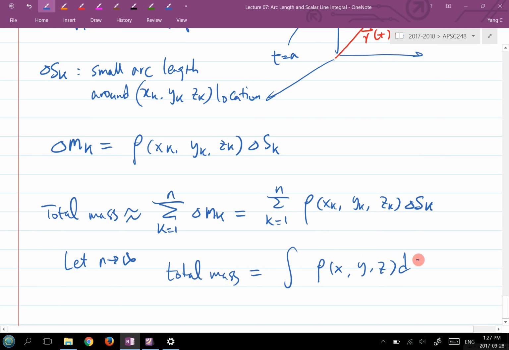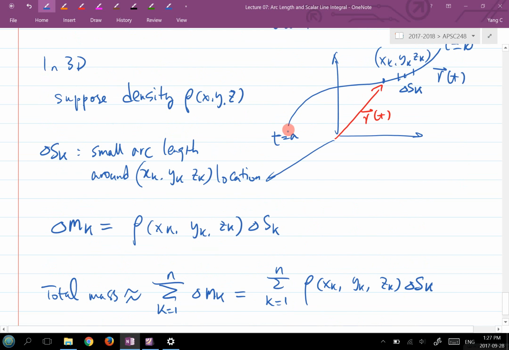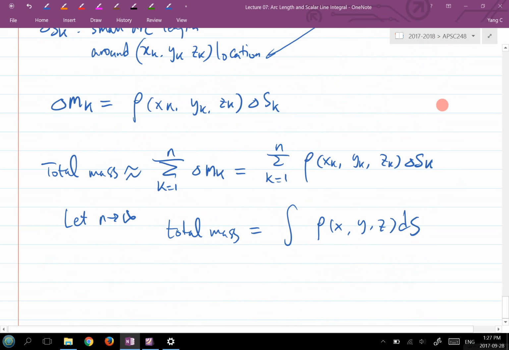So basically it becomes ds. Now in this integral we're not integrating in terms of t; we're integrating through this arc length, through the curve here. So I'll use a subscript, the curve C, representing that the integration is along the curve C.